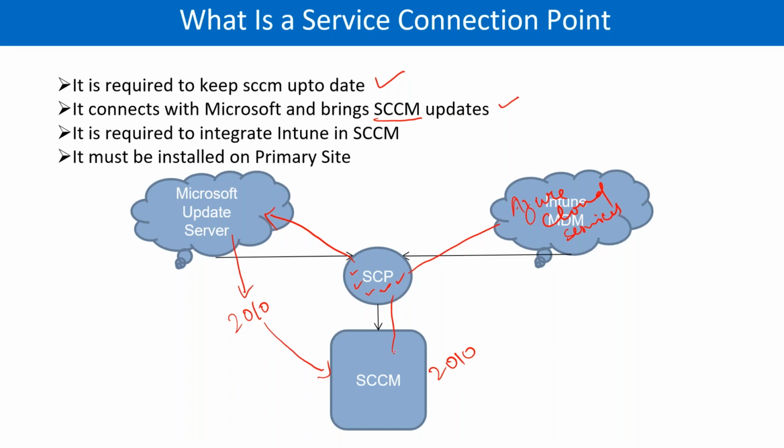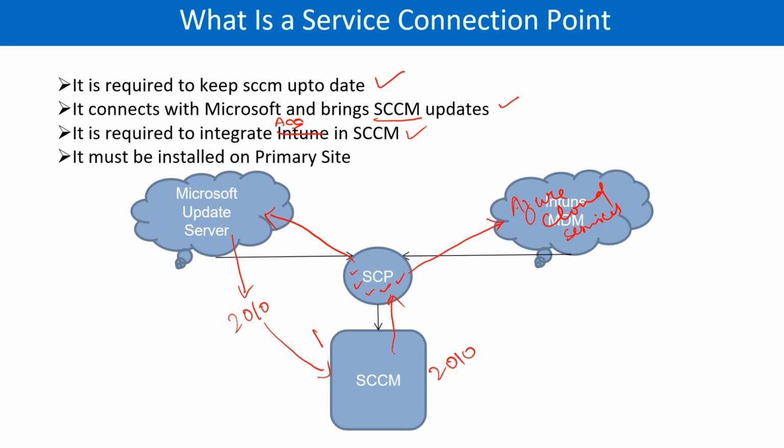So SCCM can communicate or connect to Azure cloud services through Service Connection Point. Service Connection Point is like a communication bridge to connect not just Intune, but to integrate Azure cloud services, okay, in SCCM.